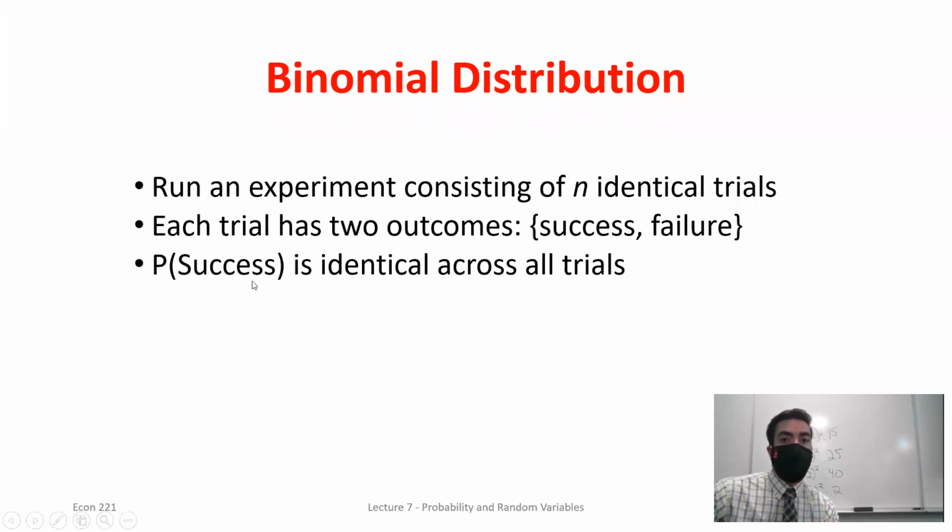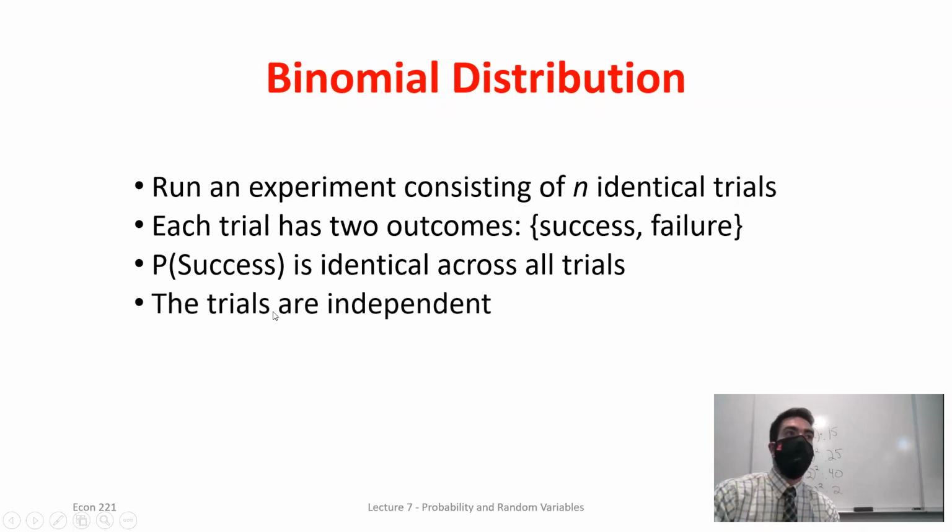So if I'm running the exact same experiment, the probability that I see whatever I've defined as a success should be the same across any given trial. Any one trial will all have the same probability. And we also have to have that the trials are independent. So if I get a heads on the first coin flip, it doesn't impact the probability that I see a heads on the second coin flip. If that's the case, we've got something that fits our binomial distribution definition, right?